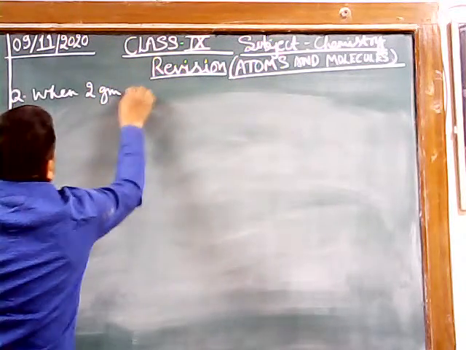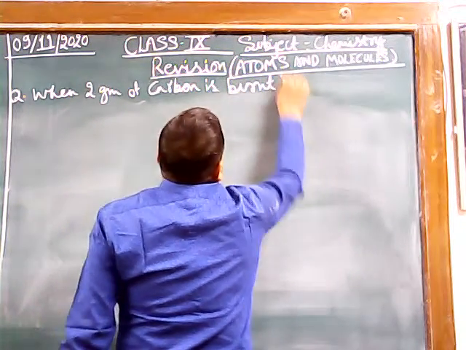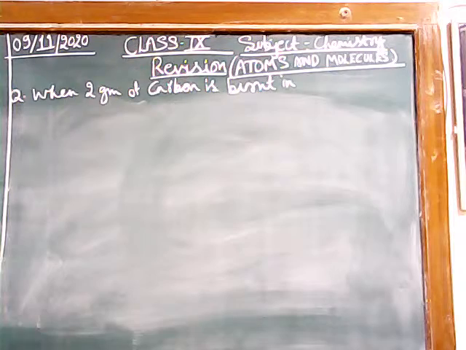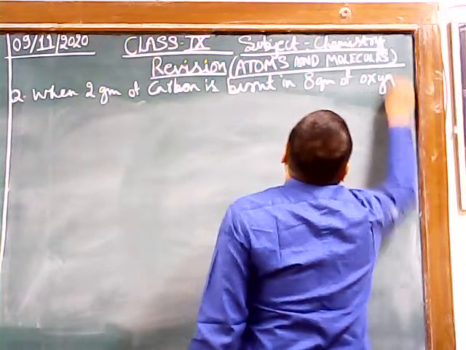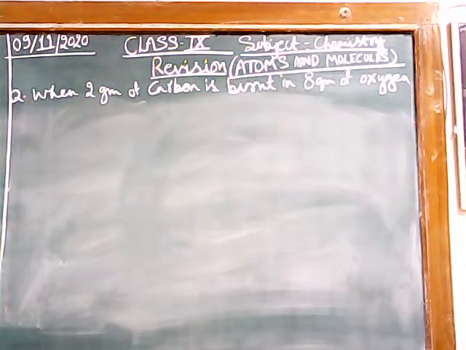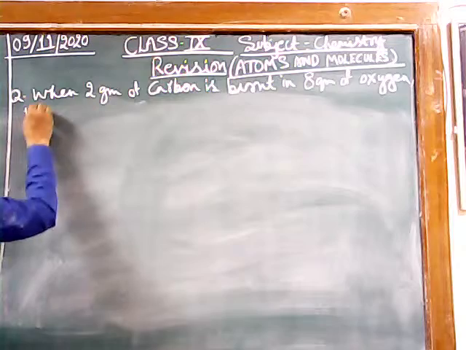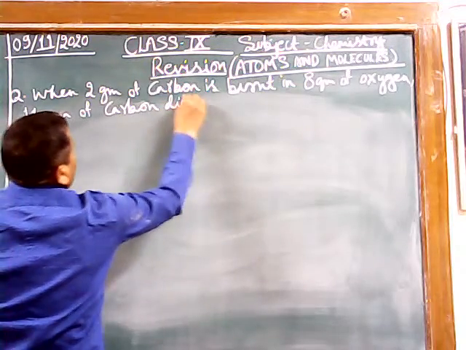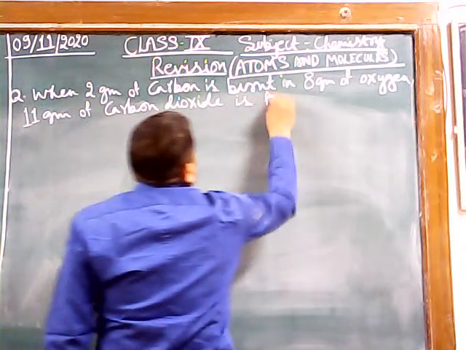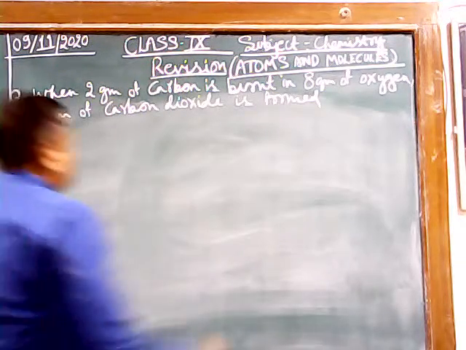When 3 grams of carbon is burned in 8 grams of oxygen, 11 grams of carbon dioxide is formed.